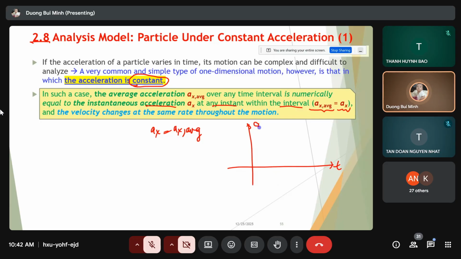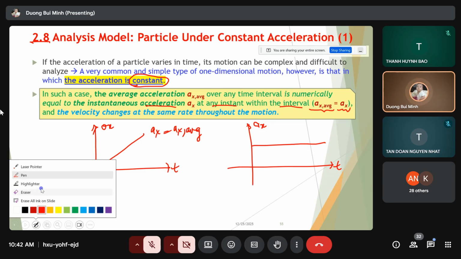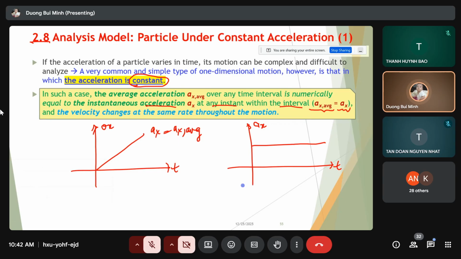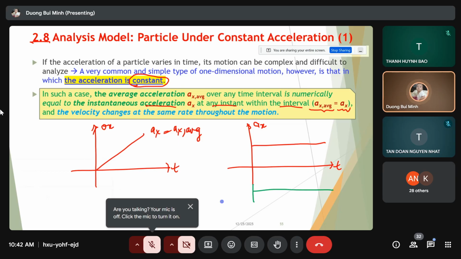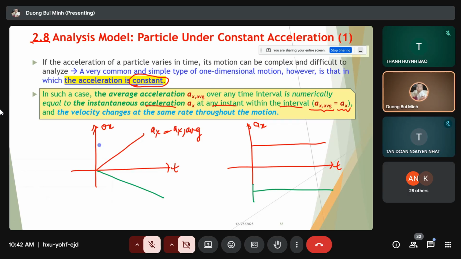Because ax is constant, Vx should be linear. If we have ax negative, Vx is like this or like this.